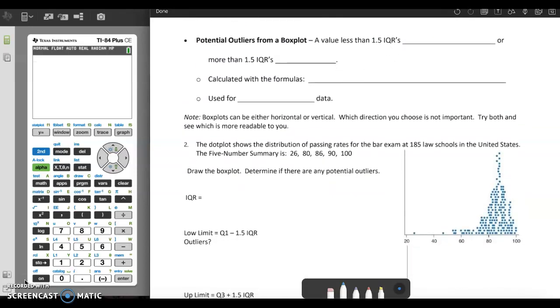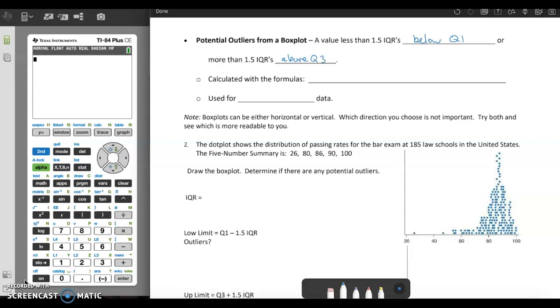So how do they help us to see outliers? Potential outliers that can be seen in a box plot, or that you can just calculate, are values that are less than 1.5 IQRs below Q1 or more than 1.5 IQRs above Q3.